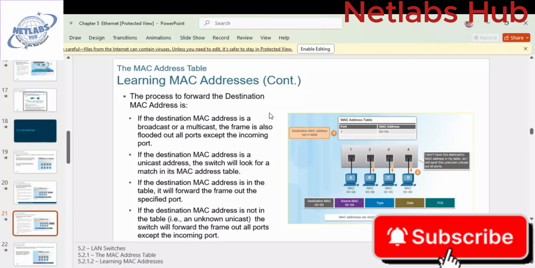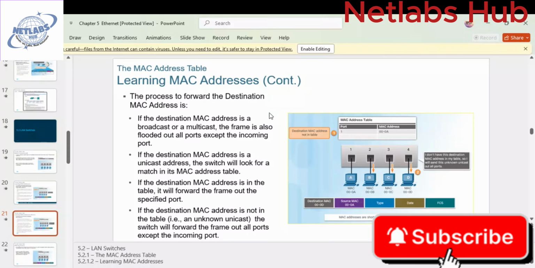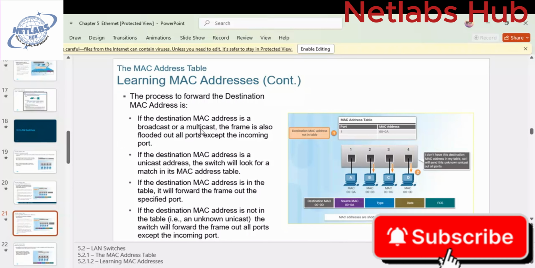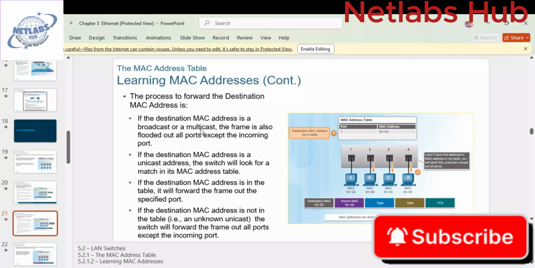The process to forward by destination MAC address is as follows. If the destination MAC is a broadcast or a multicast, the frame is flooded out of all ports except the incoming port. I had talked about this earlier: when the type of MAC address is multicast or broadcast, the switch forwards all the related frames to all ports except the incoming port.